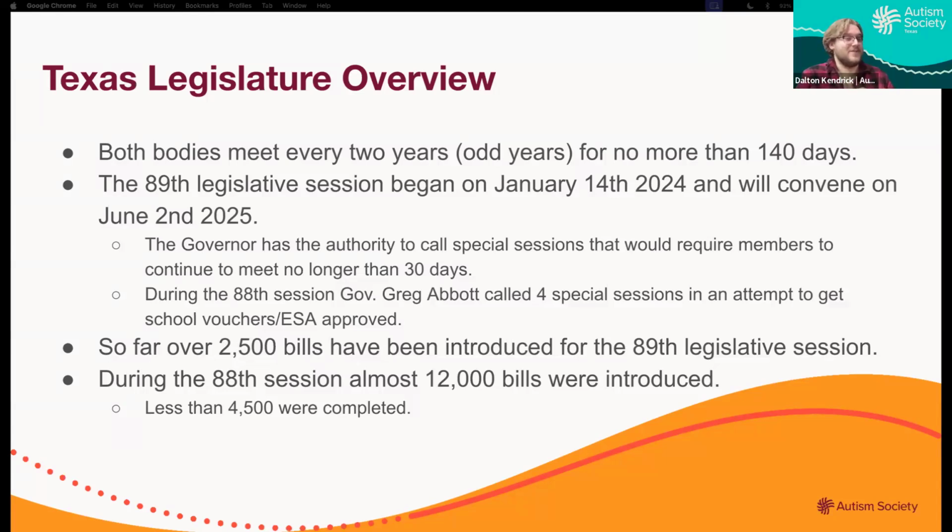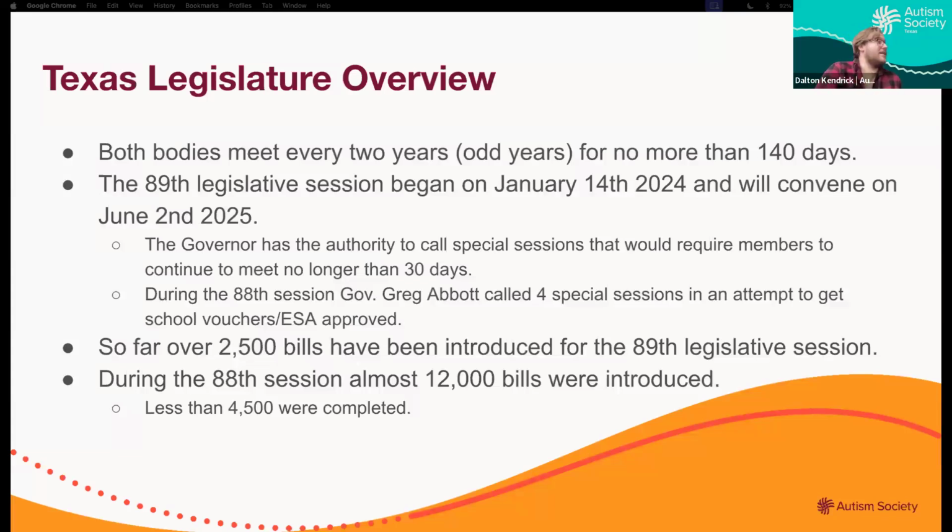Of those 12,000 bills, 4,500 were actually completed, which means they got all the way through both phases. It's about a third of the bills that made it all the way through. So you see how difficult it can be to pass these bills.